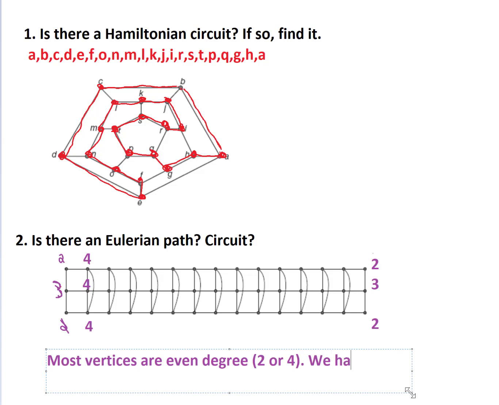We have exactly 2 vertices of odd degree, and that was the 3 and the 3 we found at both ends. And so recall that when we have at most 2 vertices of odd degree, we do have an Eulerian path.